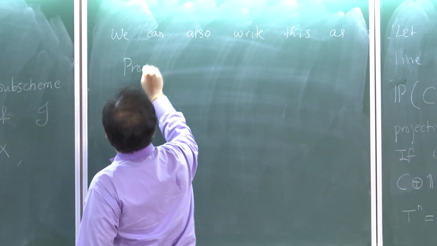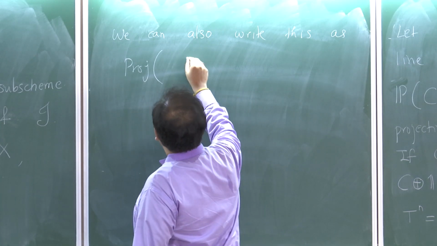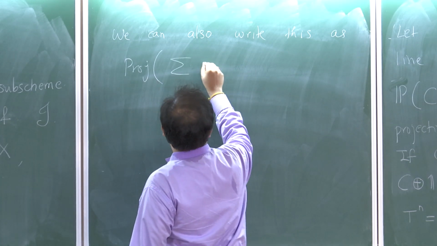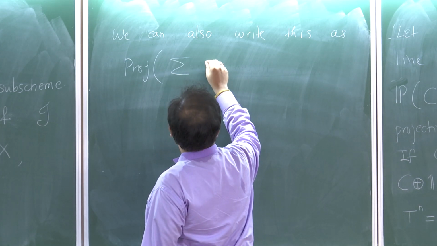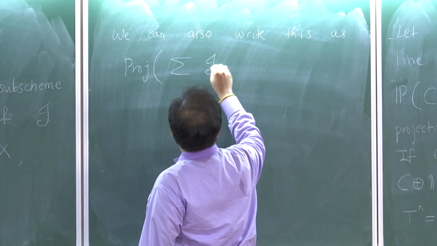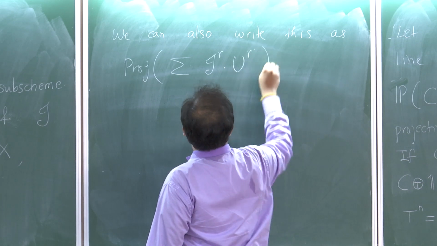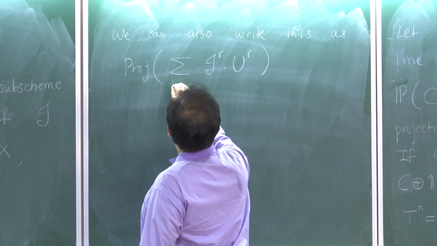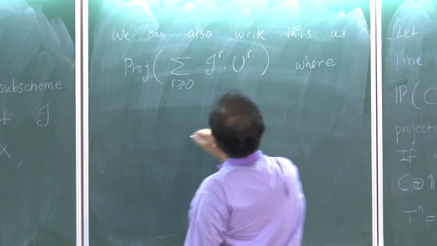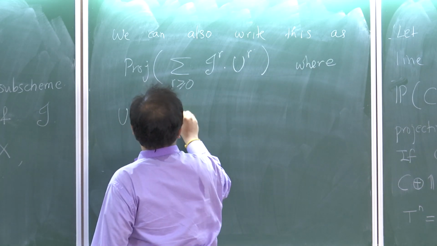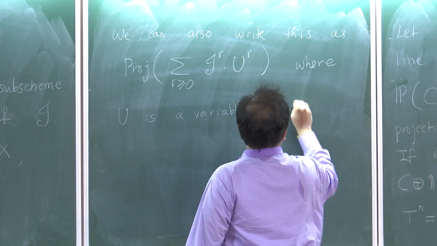You can take u to be a variable of degree 1, and you can just write this as I to the r times u to the r, where r is greater than or equal to 0, and u is a variable of degree 1.